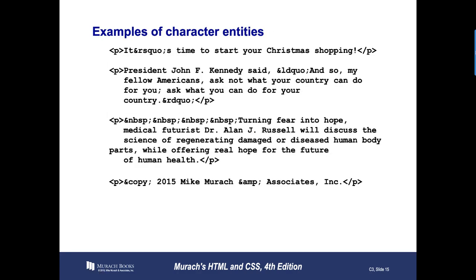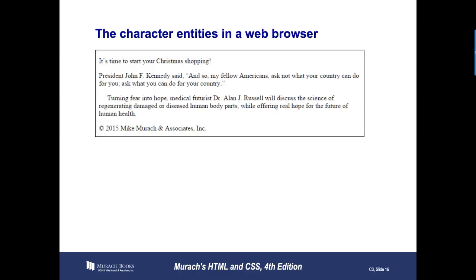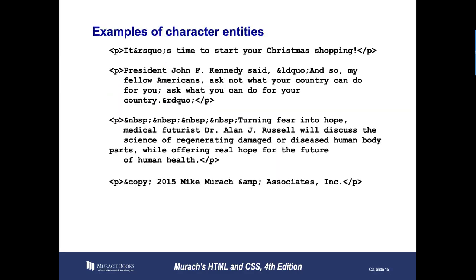Character entities. These are really important. So character entities, let me see if there's a slide here. There actually isn't one. It's in the book, which gives you a table of some of the most popular character entities. Think of things like, let's see, like a space.